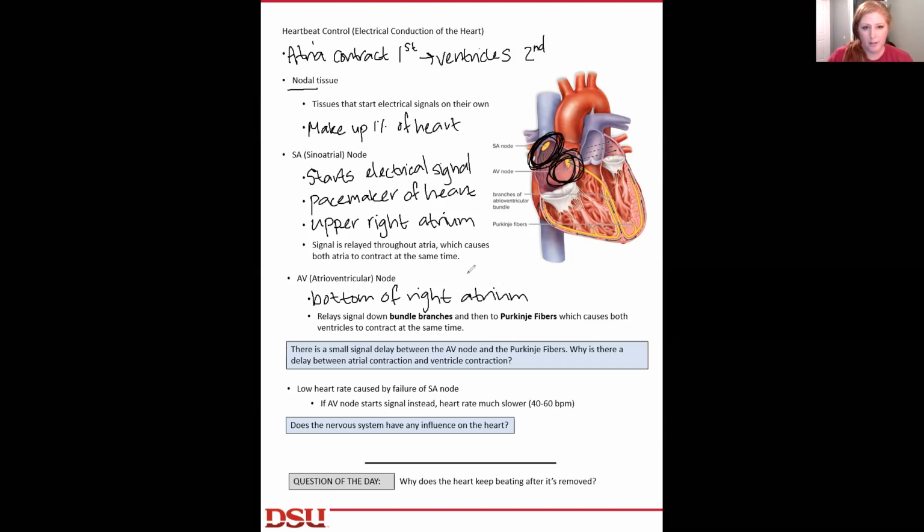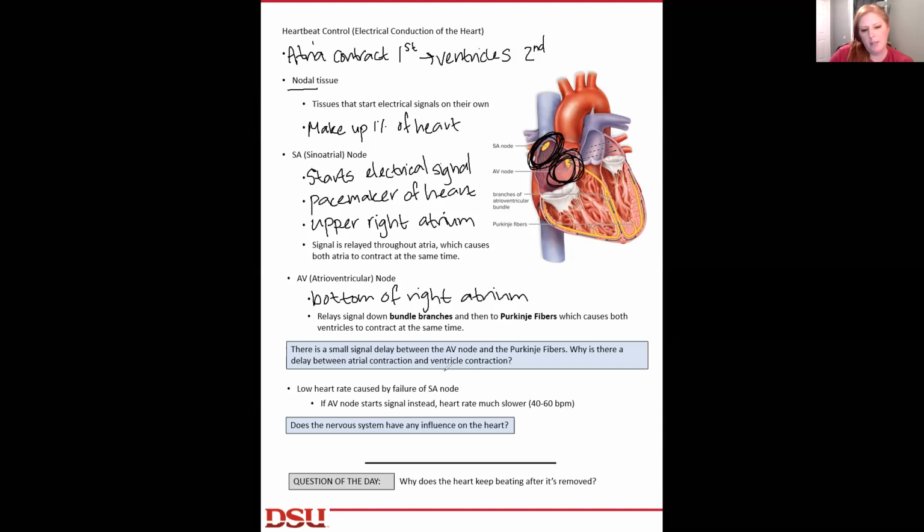Hence the extension cord part, because the SA node causes the atria to contract, and it's located in one of the atria. The AV node is also in an atria, but it has to make the ventricles contract. So again, bundle branches, Purkinje fibers, extension cords, and power strips to get that signal from the atria to the ventricles so that they can contract together, the ventricles.